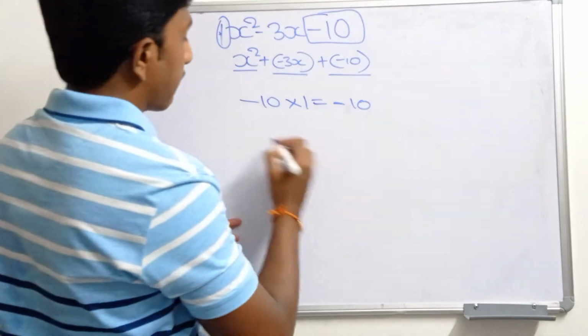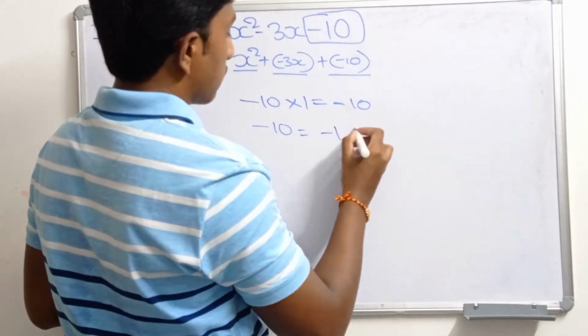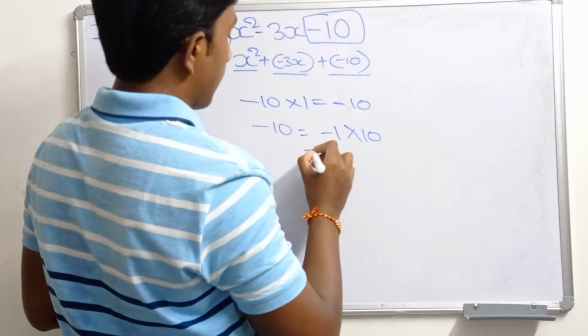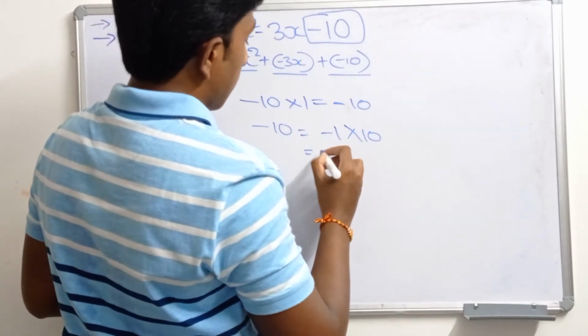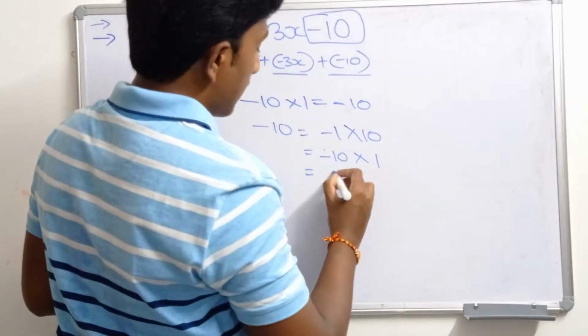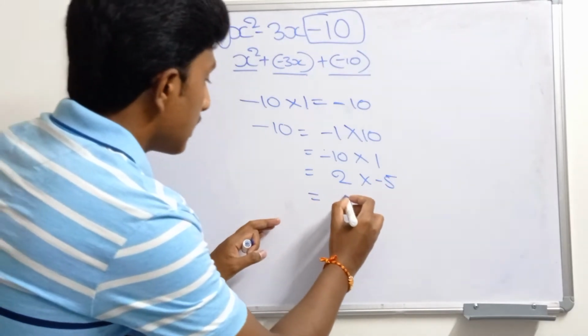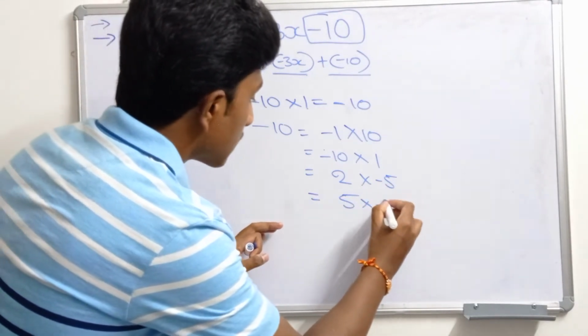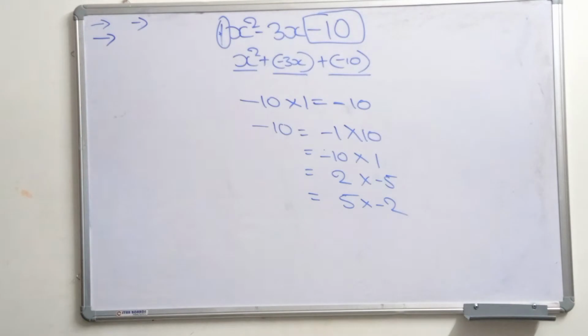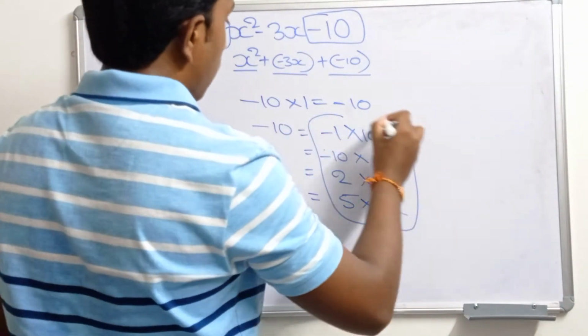Now we have to get the factors of minus 10. First is minus 1 into 10, the second is minus 10 into 1, the third is 2 into minus 5, and the fourth is 5 into minus 2. So we have four sets of factors.